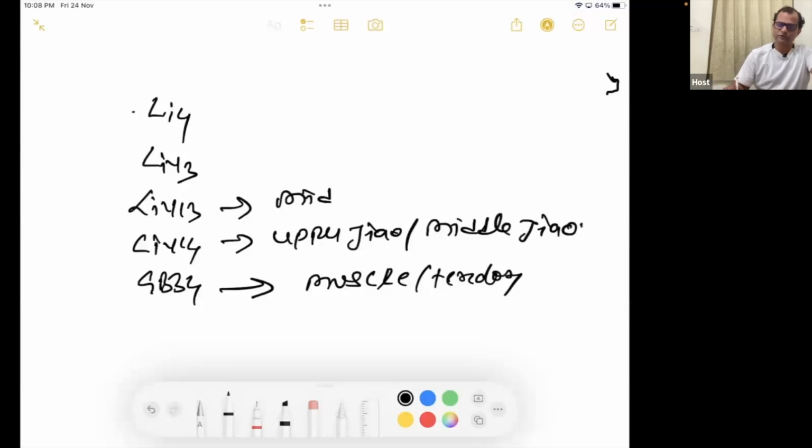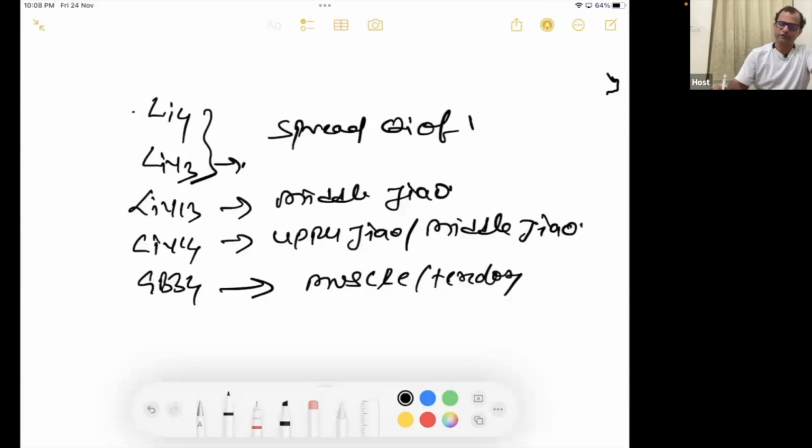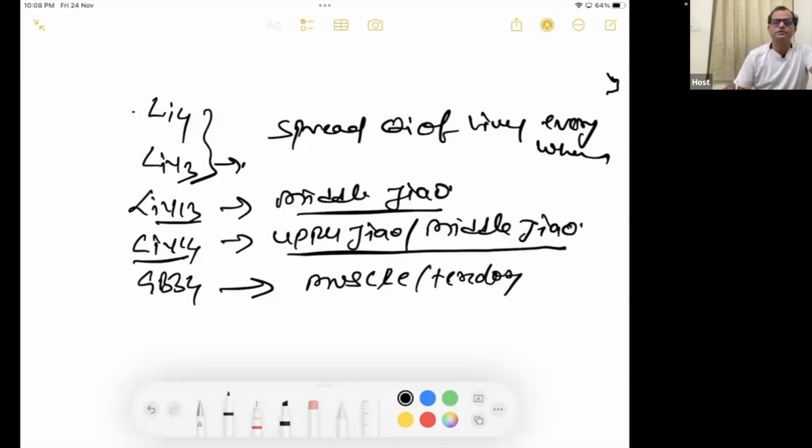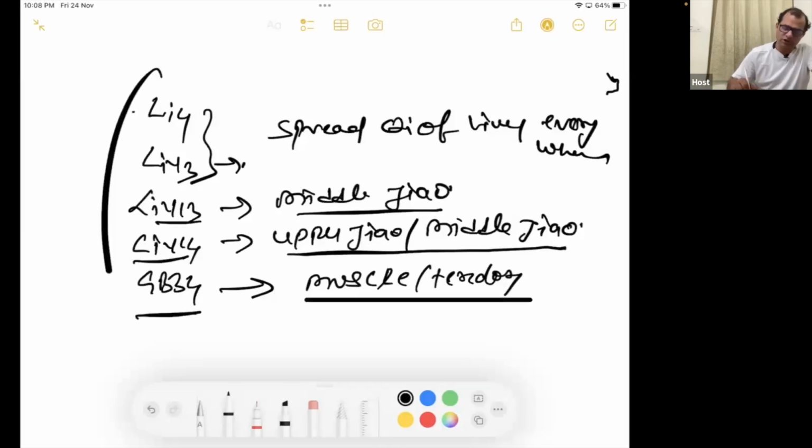Liver 13 for middle GIO, and liver 3 and LI4 will spread liver chi everywhere. Liver 13 will spread the liver chi in middle GIO. Liver 14 will spread the liver chi in middle and upper GIO. Gallbladder 34 will spread the chi. These all points are spreading liver chi.